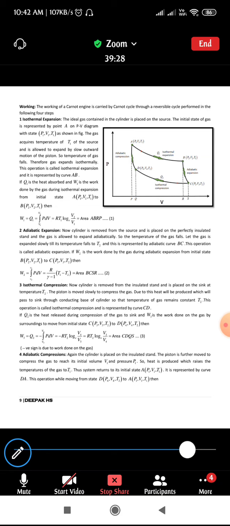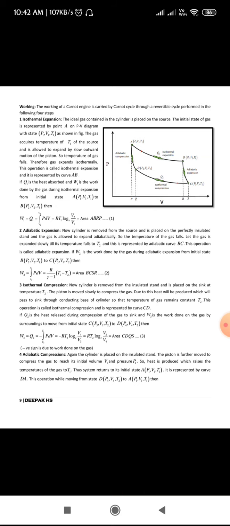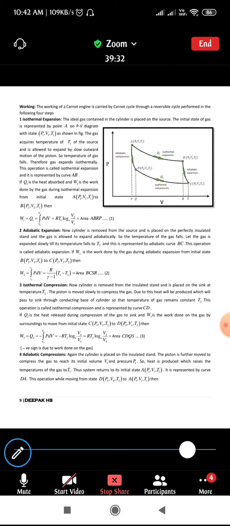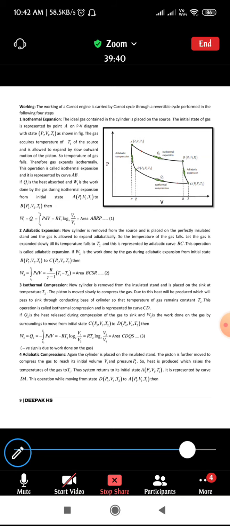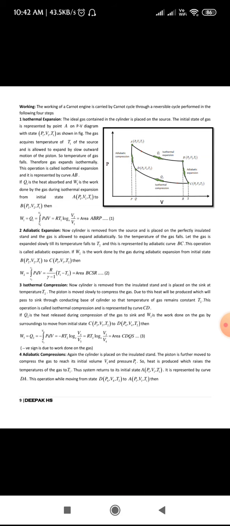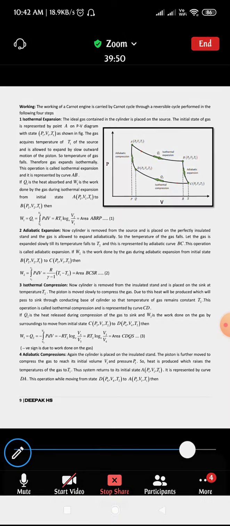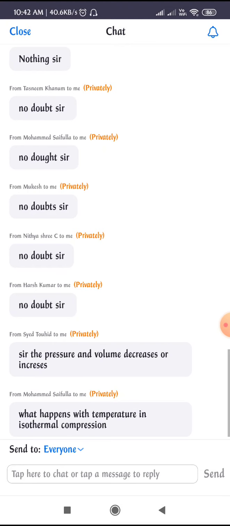The equations are a little bit difficult, and in the examination most students go wrong. Go through the equations and compare them with the PV diagram. In case you have any doubts regarding this working, whether it is isothermal expansion, compression or adiabatic expansion, compression, let me know in the next class and I'll clear your doubts.